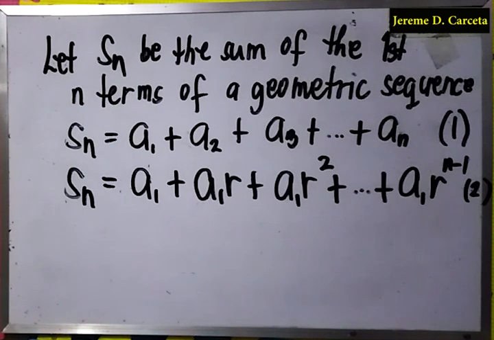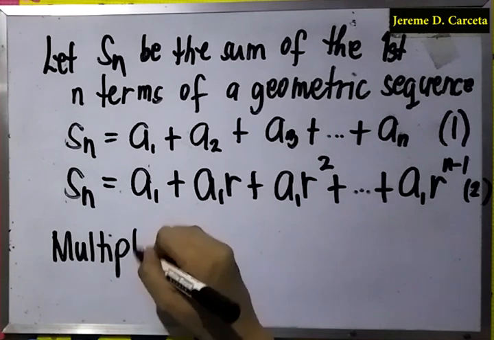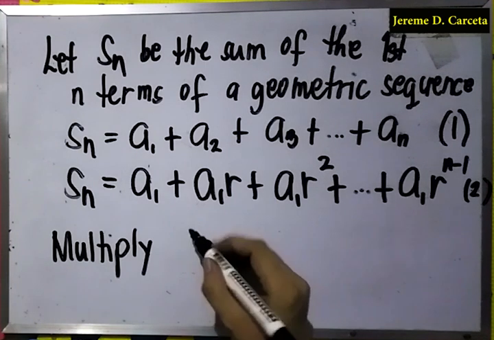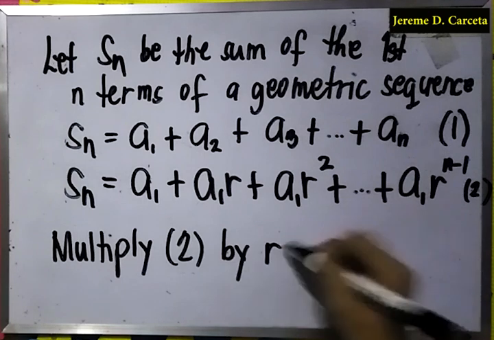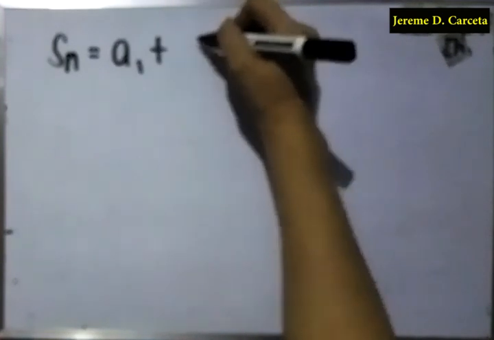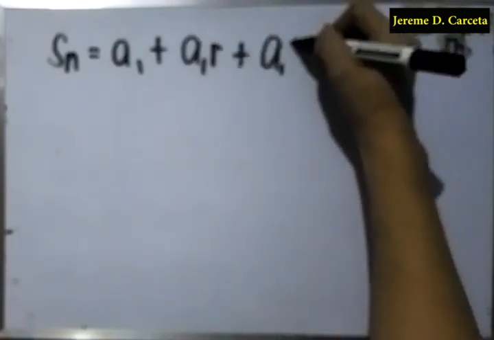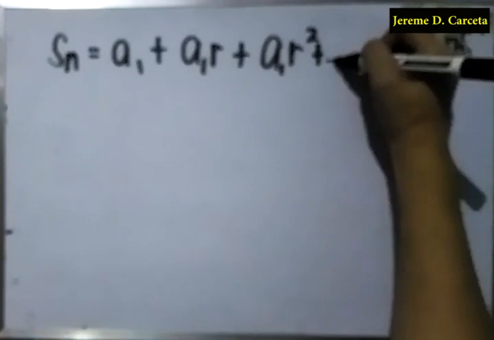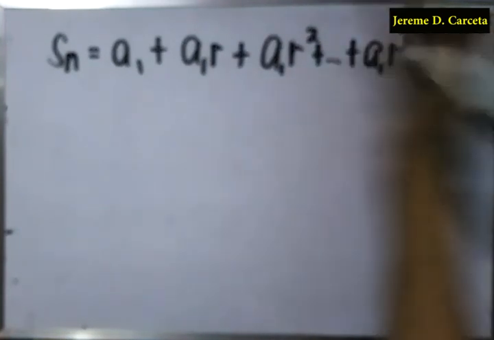So let us multiply the second equation by r. We have S sub n is equal to a sub 1 plus a sub 1 times r plus a sub 1 times r squared plus until we have a sub 1 times r raised to n minus 1.